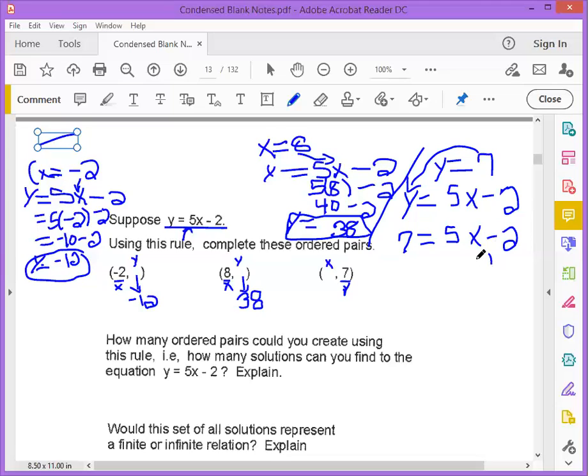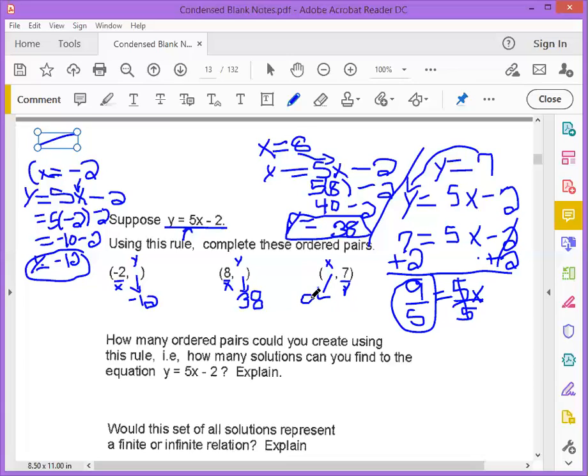The first thing we want to do is add 2 to both sides of the equation. We'll get 5x, because the 2's will cancel on the right side, bring down our equal sign, and 7 plus 2 gives us 9. Divide both sides of the equation by 5. The 5's will cancel. So x equals 9/5. So right here, our x coordinate is 9/5.